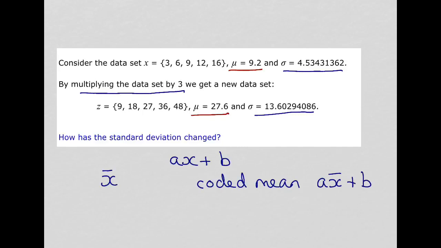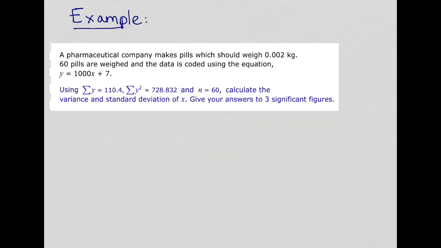The mean is affected by multiplication, division, addition and subtraction. Your standard deviation, on the other hand, the coded standard deviation, is only affected by multiplication and division. Okay? Right, let's have a go at an example.